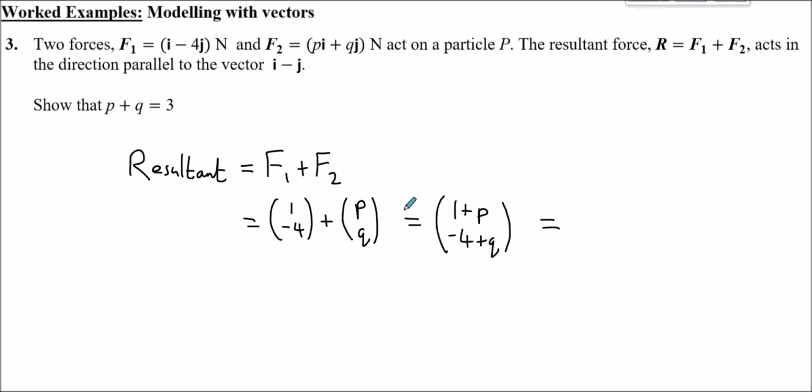So because the resultant force is parallel to i minus j, we can say that this resultant force is some multiple, let's call it lambda, of i minus j. So 1i minus 1j.